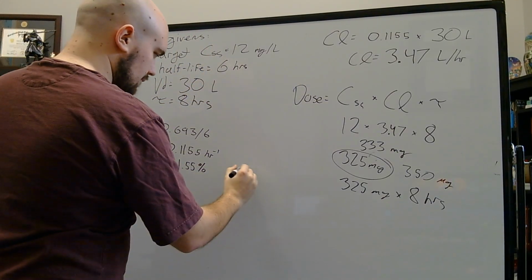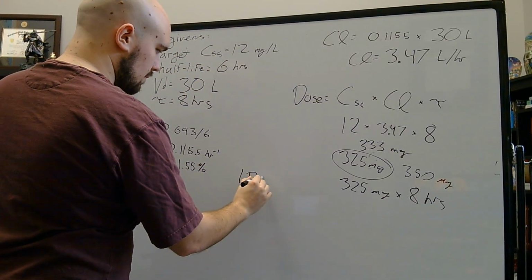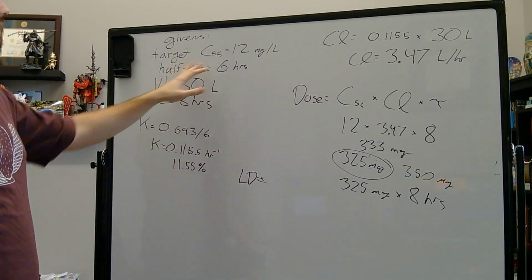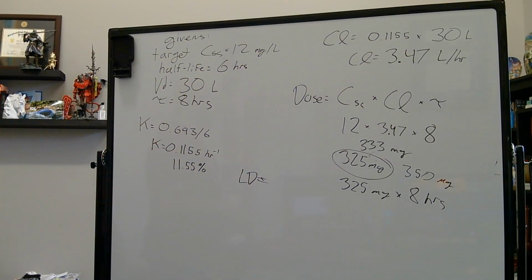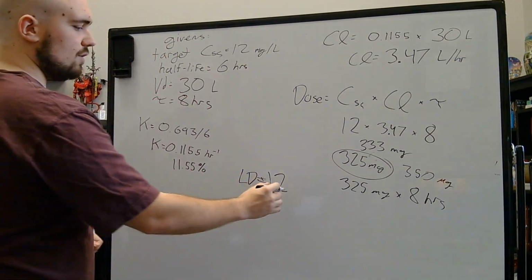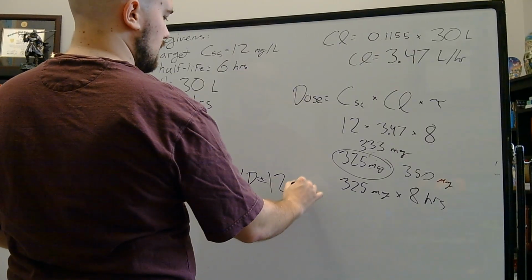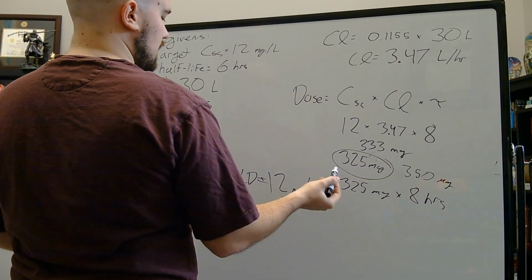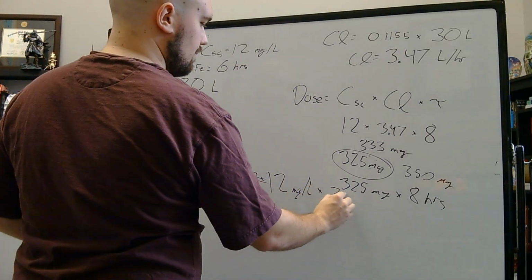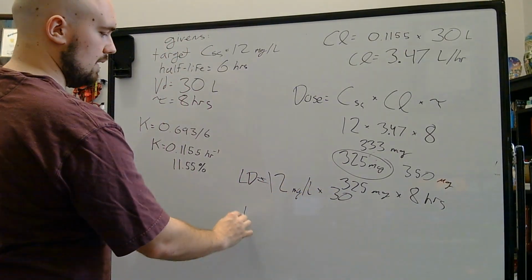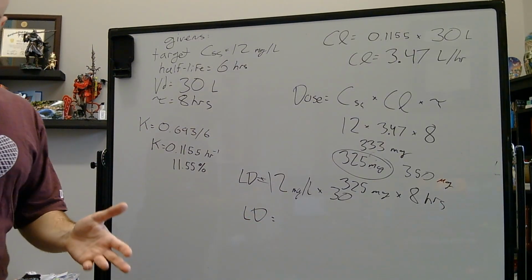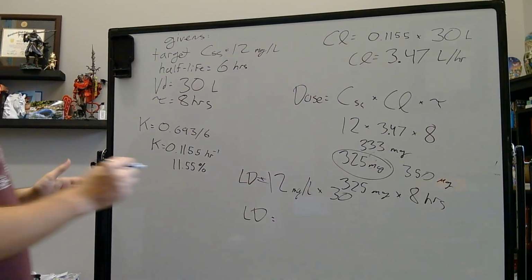Loading dose is going to be our concentration at steady state, 12 milligrams per liter, multiplied by our volume, which was 30. This will give us a recommended loading dose, if we don't want to wait 4 to 5 half-lives, of 360 milligrams.